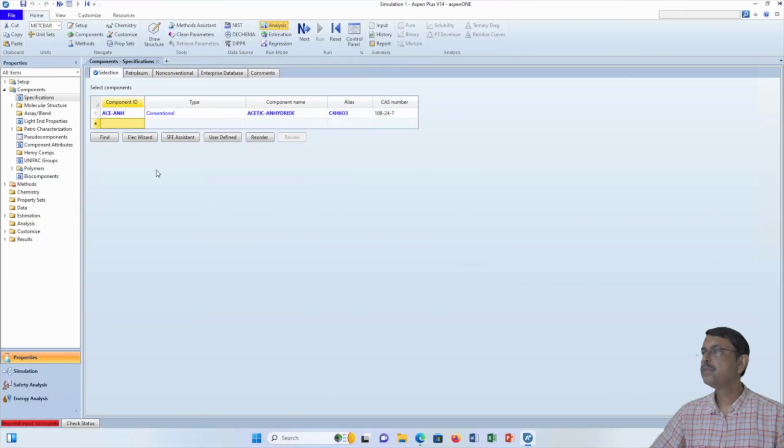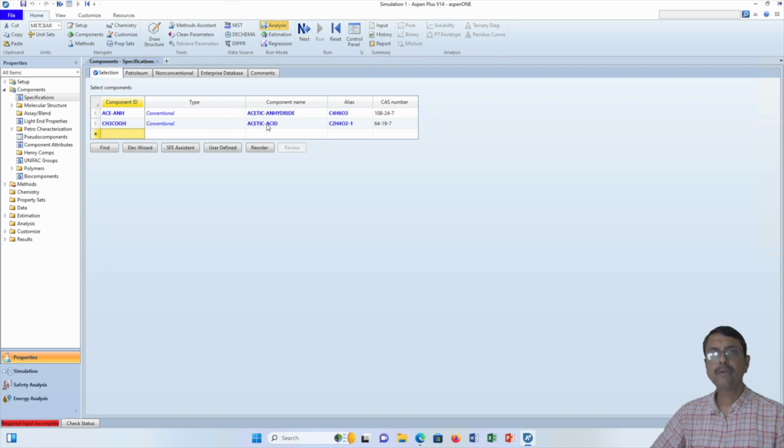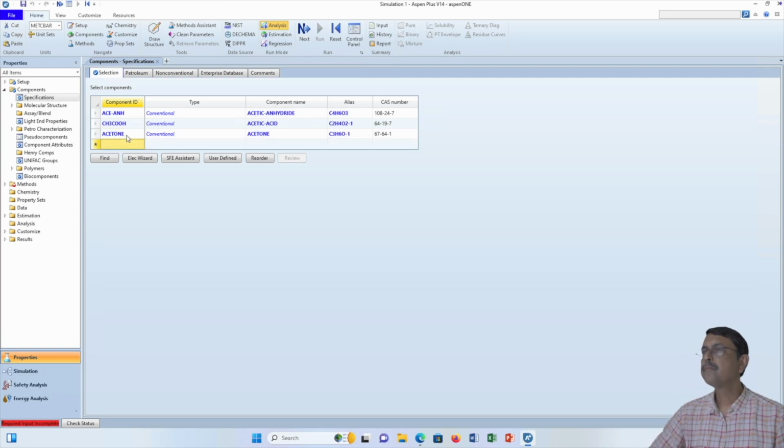So this is acetone. Okay, it is acetic acid, not acetone. But anyway, acetic acid we will also need in the CSTR, so we keep it. And acetone we can write like this.